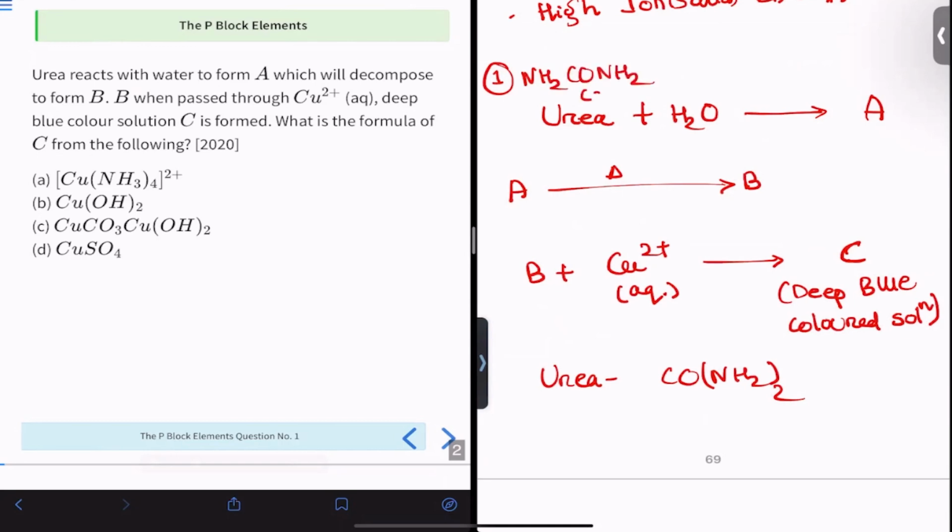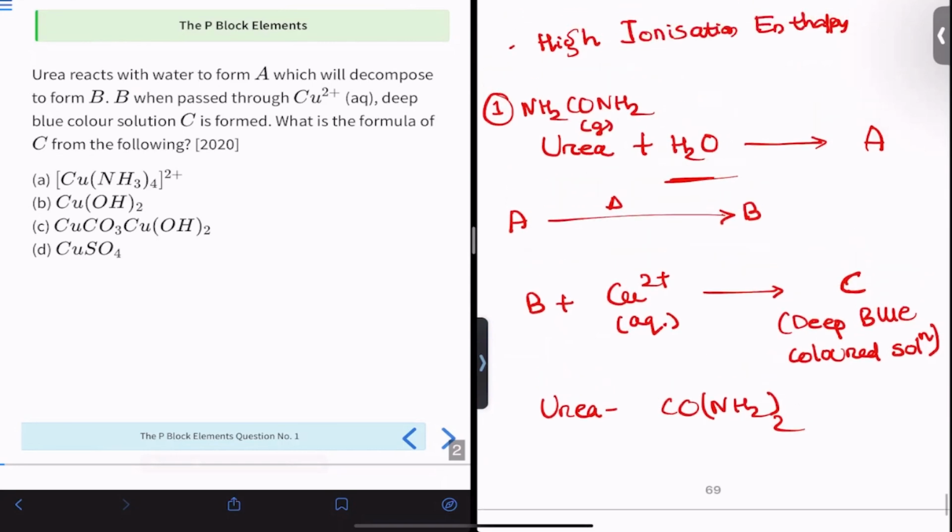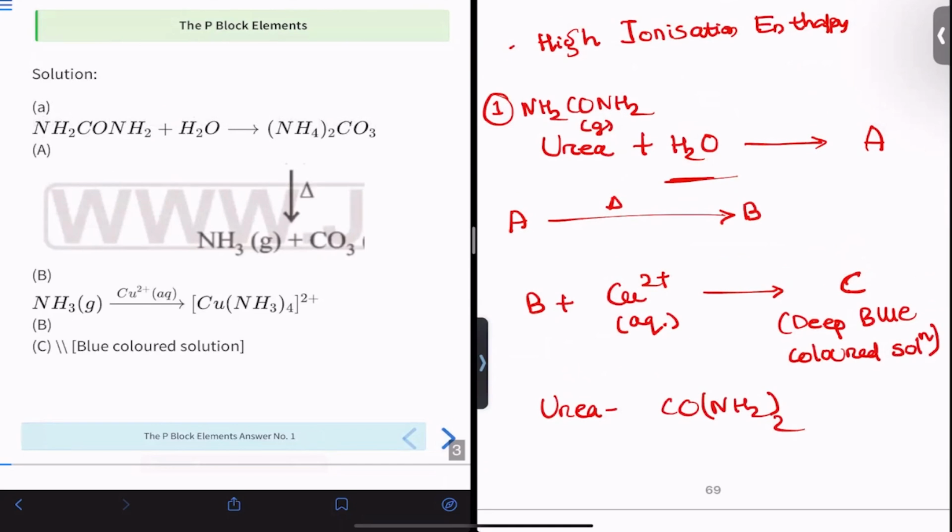So when this urea reacts with water, what will it give? It will give rise to ammonium carbonate, (NH4)2CO3.